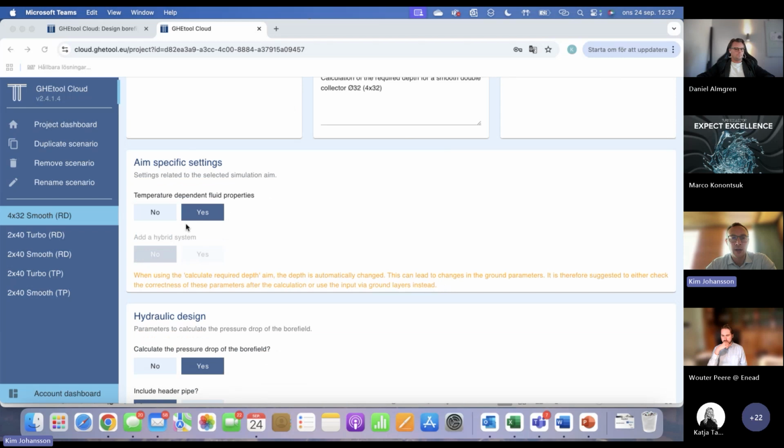Then we have another option here, which I think is quite clever, and that is if we want to have temperature-dependent fluid properties. And this we have clicked yes. So basically what this means is that when the temperature is changing in the system, it also affects the properties of the fluid, and the software takes this into account.